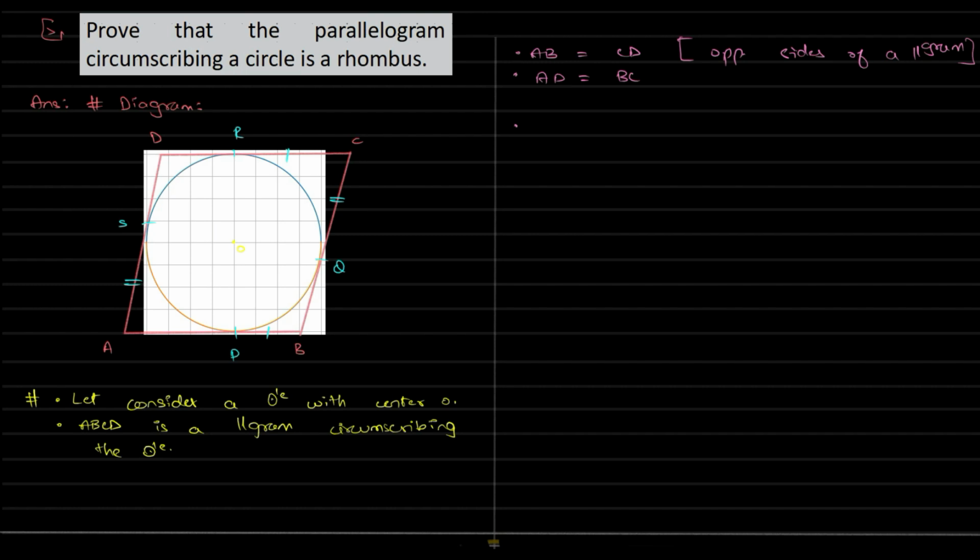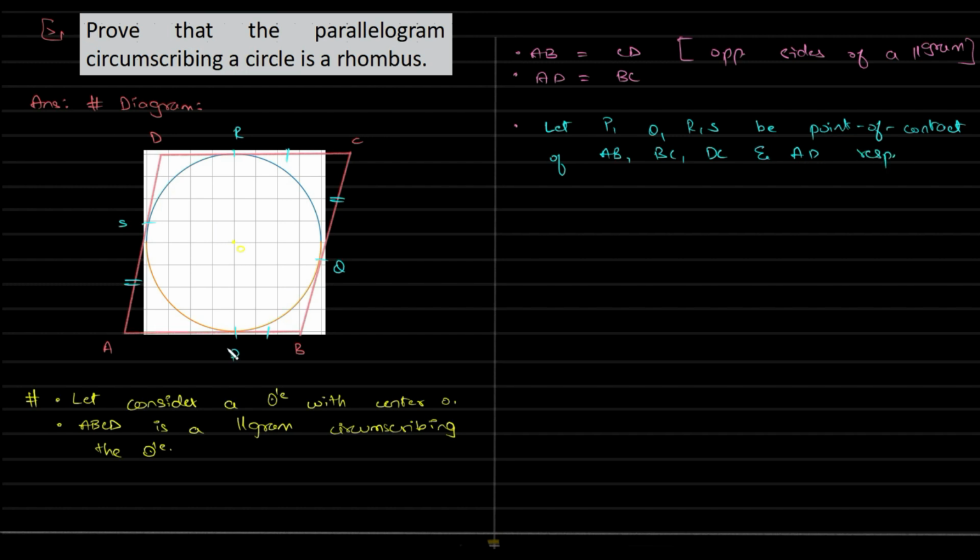And what else? We can also say that P, Q, R, S are the points of contact of tangents AB, BC, DC, and AD, respectively.